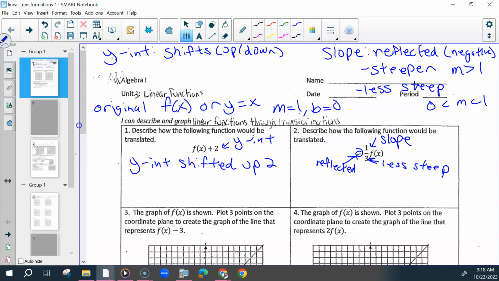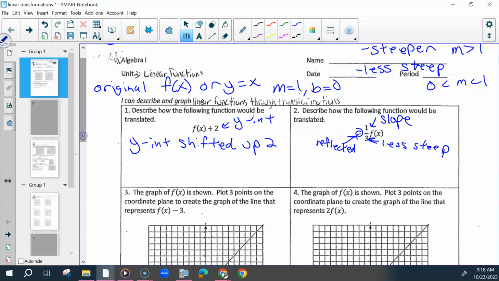You can either put them in one big sentence or write it as 2. The slope was reflected, and that can be said in multiple ways. The slope is reflected. The slope was reflected over the x-axis or y-axis.